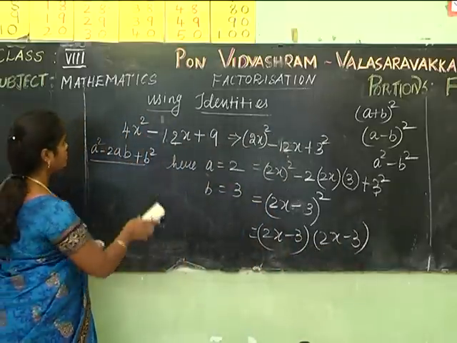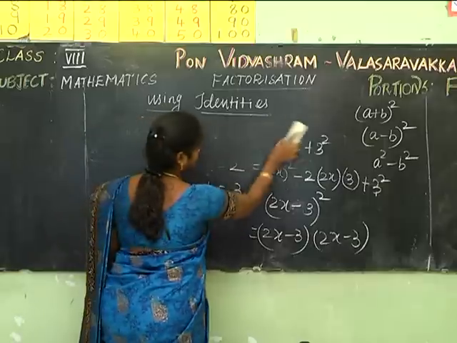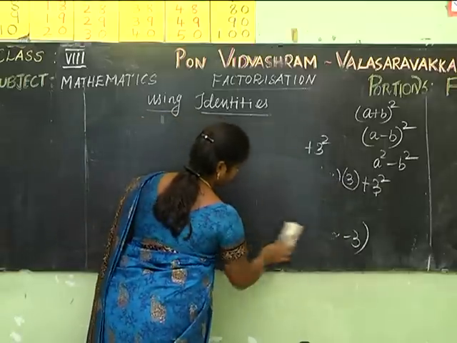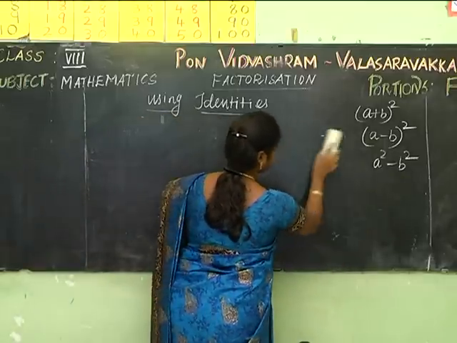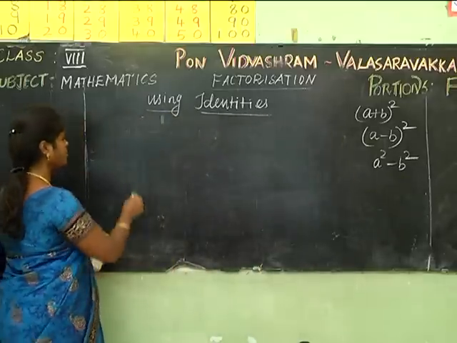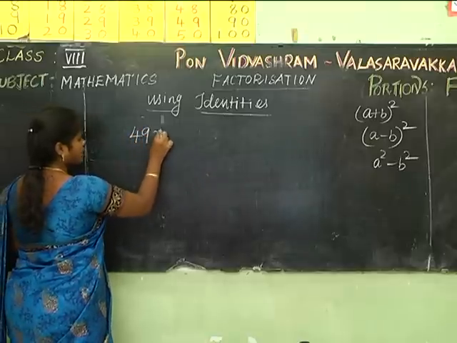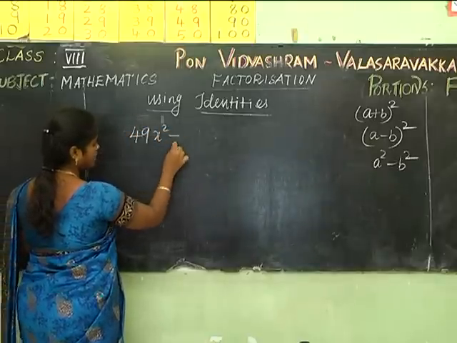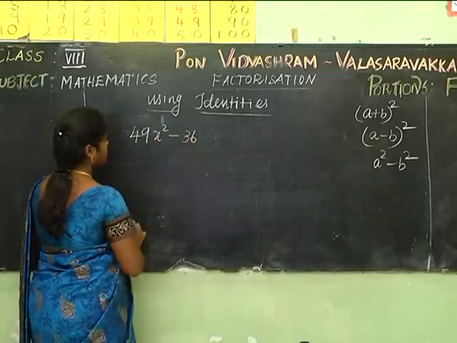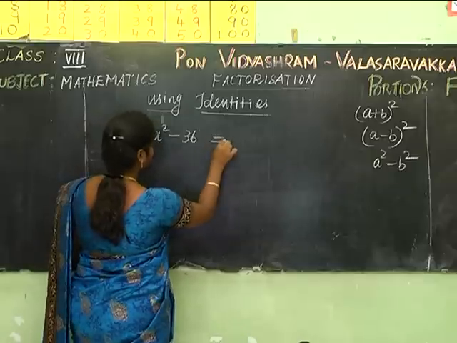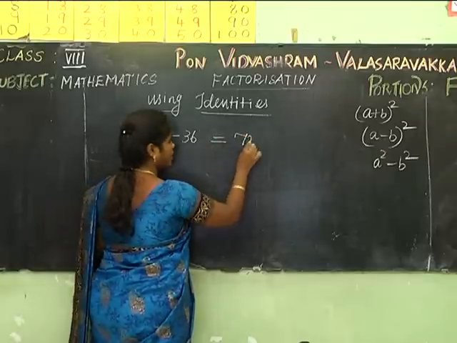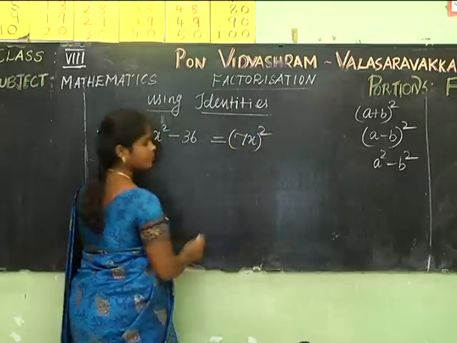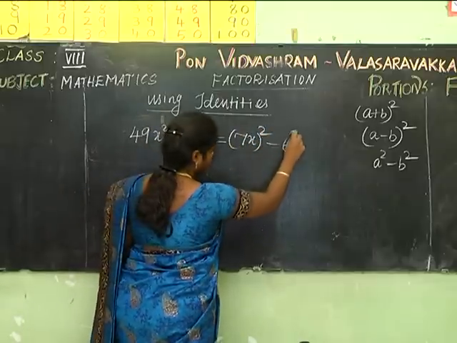We'll see another example, by using the third identity: 49x square minus 36. So we can write this as 7x the whole square minus 6 square.